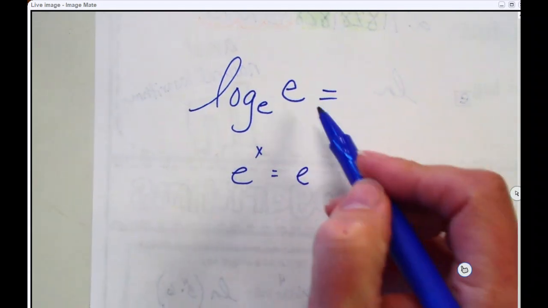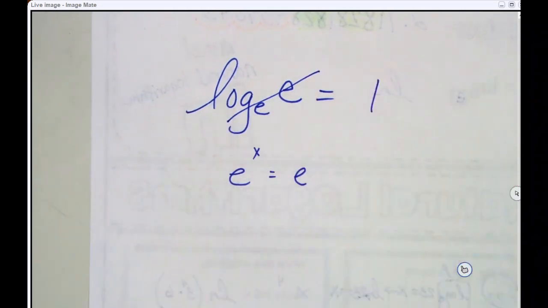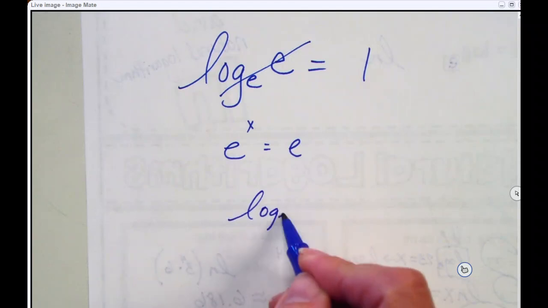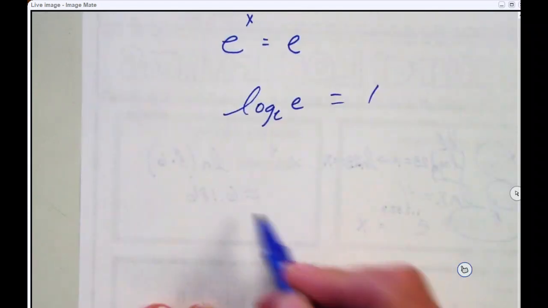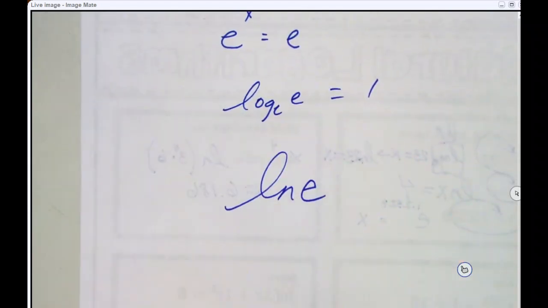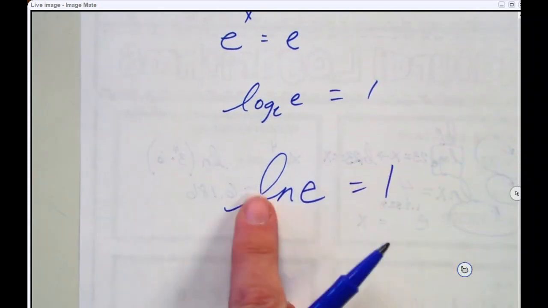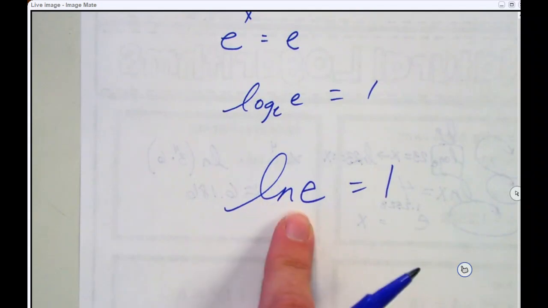So this equals 1. Anytime I have log base e of e, it's 1. So what if I have ln of e? It's still 1. So they kind of cancel each other out, and that's important to know. We need to know that to be able to do these.